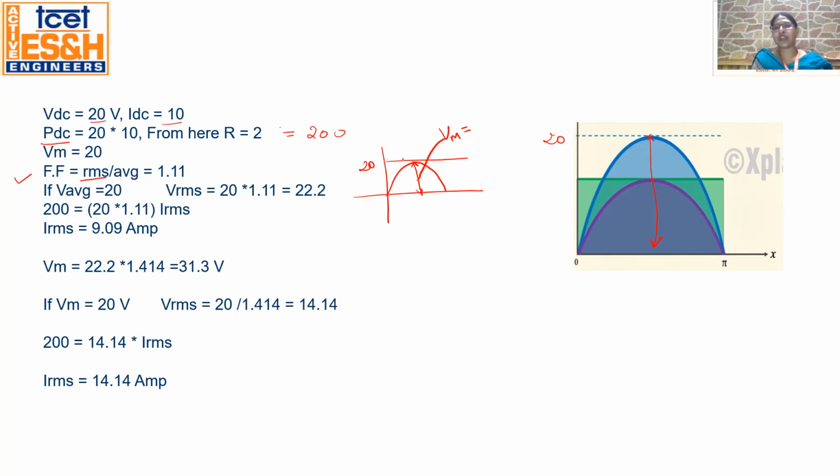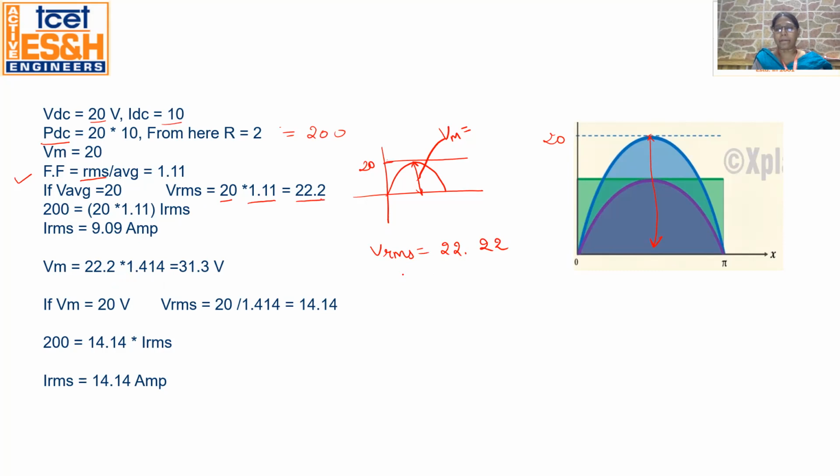Here our average value, or DC value, is 20. So 20 multiplied by 1.11 is 22.2. So here you have an RMS value of 22.22. This is your RMS value.